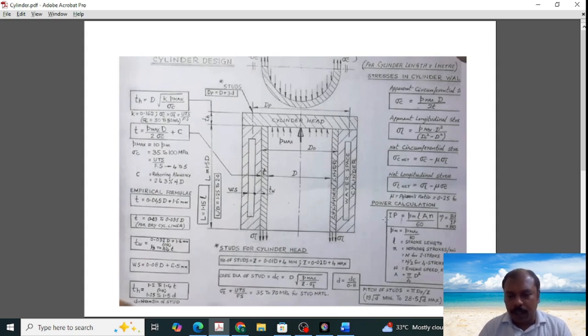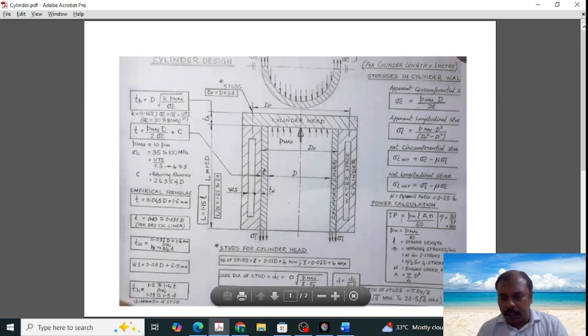This is the formula for the indicated power: it is equal to Pm L A N, where Pm is the indicated mean pressure inside the cylinder, L is the length of stroke, A is the area of the bore, the area of the cylinder, and N is the number of working strokes.